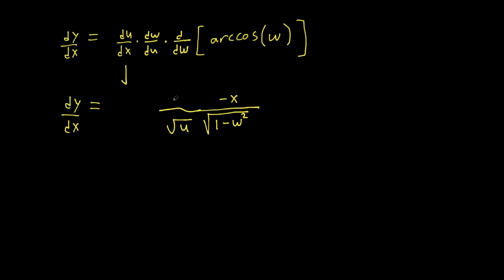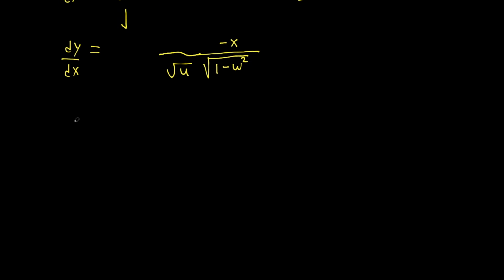And I'll rewrite that whole thing so it's a little neater. dy dx equals negative x over square root of u times square root of 1 minus w squared.